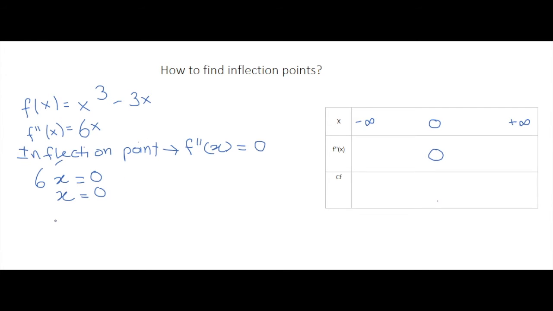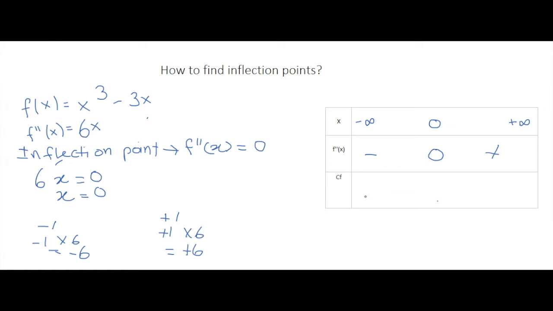So if we take minus 1, here our sign becomes negative, and if we take plus 1, then our sign will be positive here.